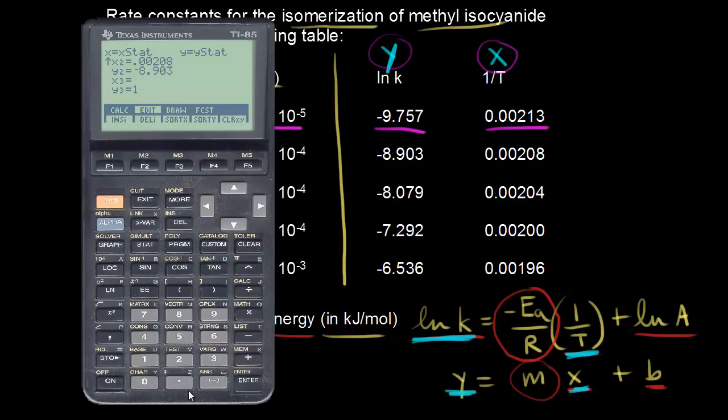Our third data point is when x is equal to 0.00204 and y is equal to negative 8.079. Next we have 0.002 and negative 7.292. And then finally, our last data point would be 0.00196, and then negative 6.536.